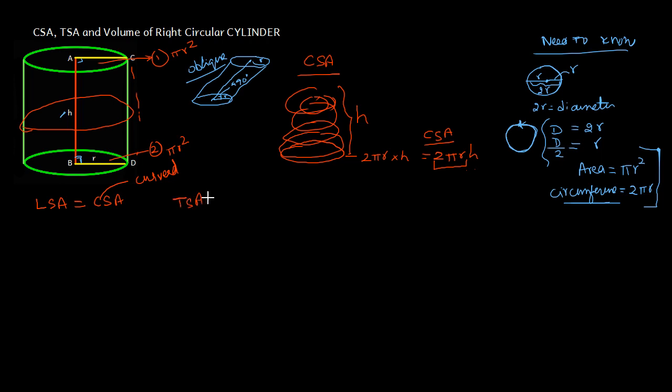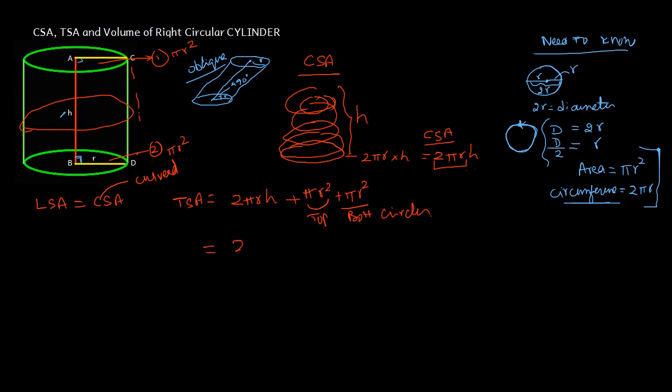Now TSA, total surface area. How do I find out TSA? I have CSA, I need to add top and bottom, same as in the case of cube and cuboid, where I added the areas of top and bottom. Here the area of top and bottom is pi r square each, which is 2 pi r square. So 2 pi r h, which I already have as CSA, plus pi r square plus pi r square, the top and bottom circles.